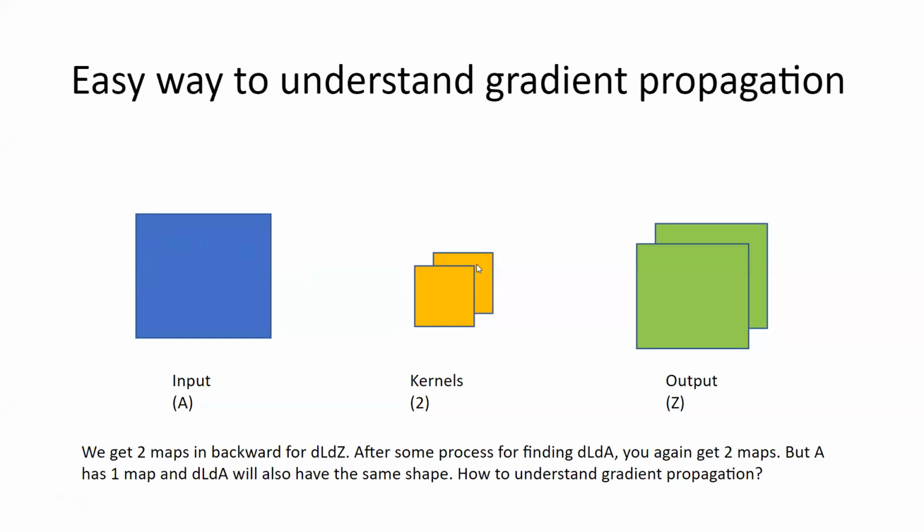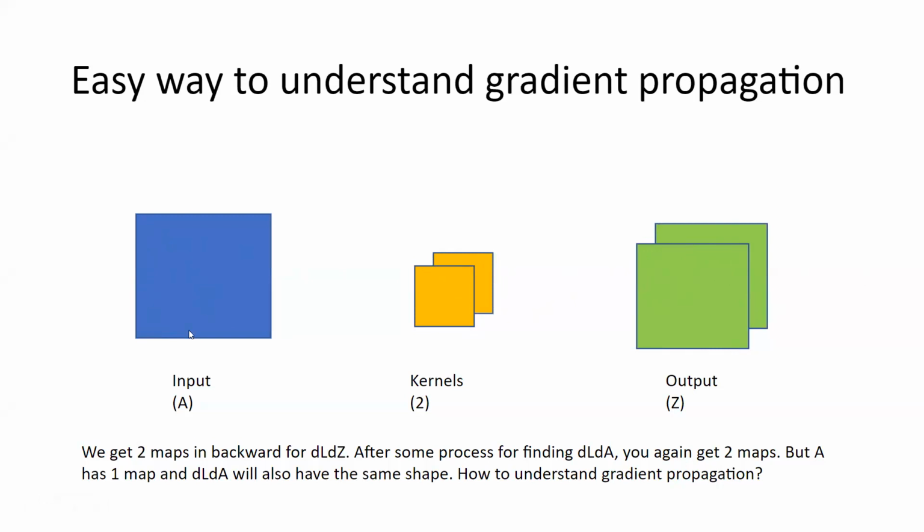So each yellow block also has one channel because the input has one channel. When we have two kernels, we would have two output channels. The number of kernels is equal to the number of channels in the output. That's why we have two kernels, and the output has two channels.